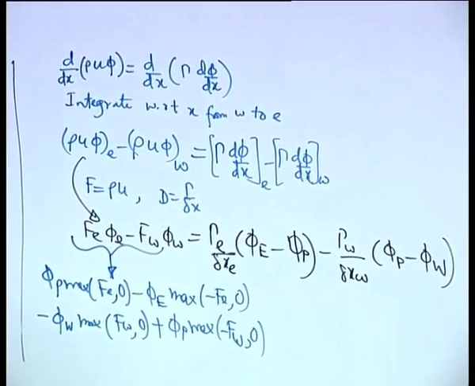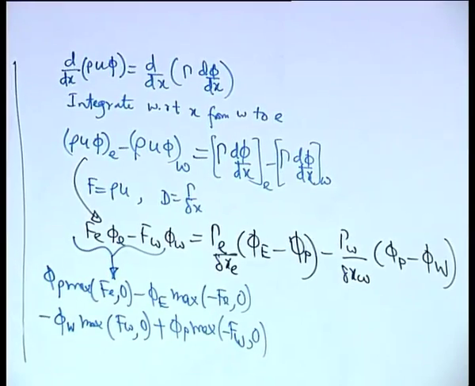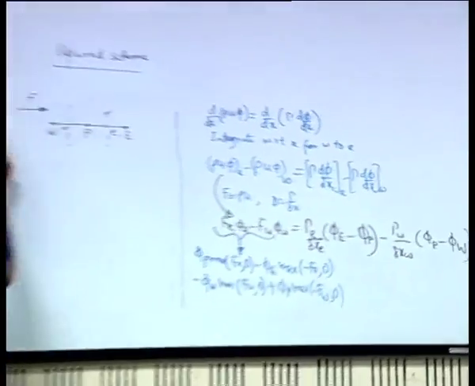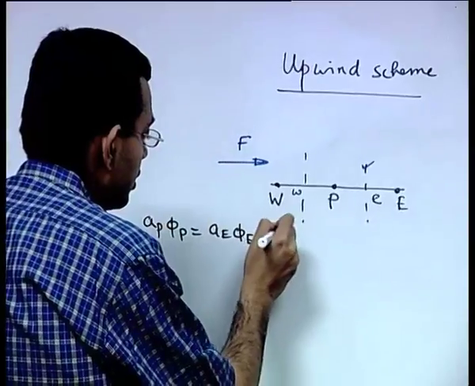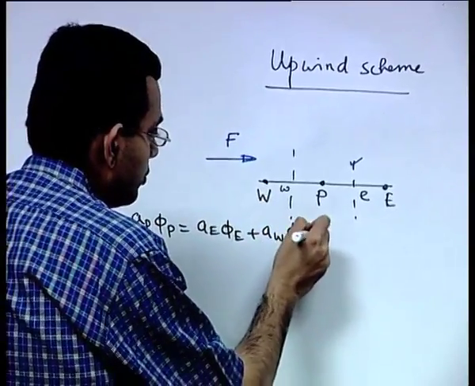So, this we can organize as A_P phi_P is equal to A_E phi_E plus A_W phi_W.